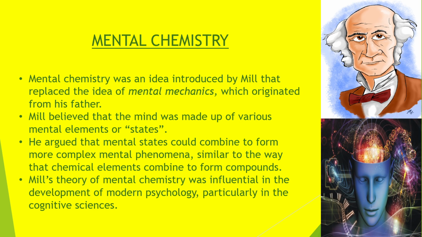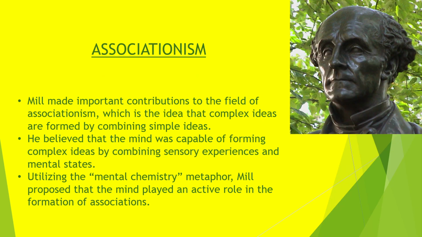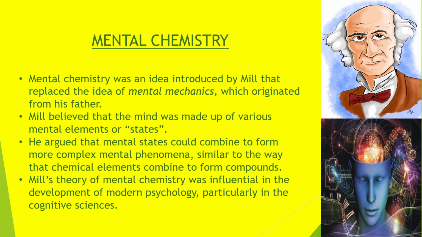John Stuart Mill came up with a different idea than his father. His father originally came up with a mechanical interpretation, associationism. Mill came up with mental chemistry, an idea that replaced the idea of mental mechanics from his father.